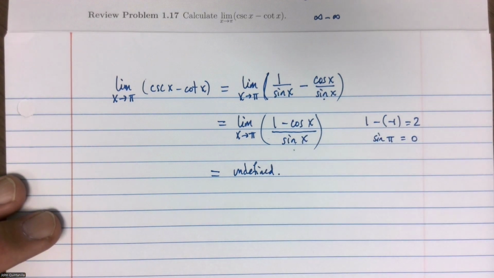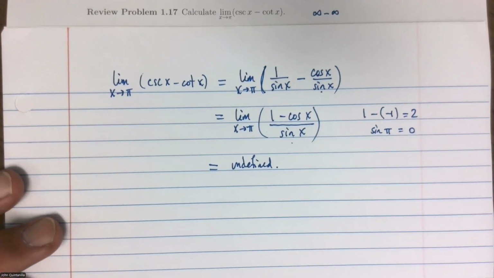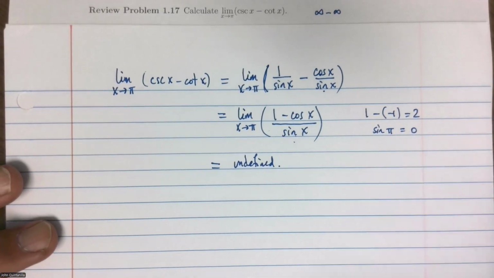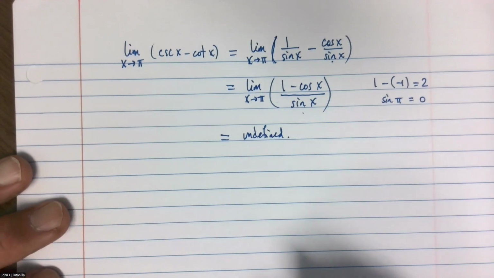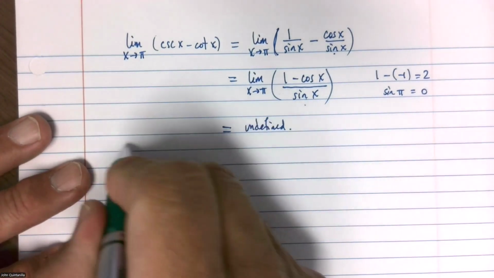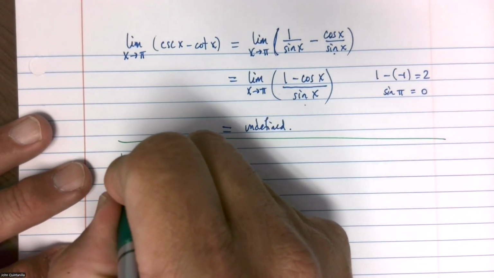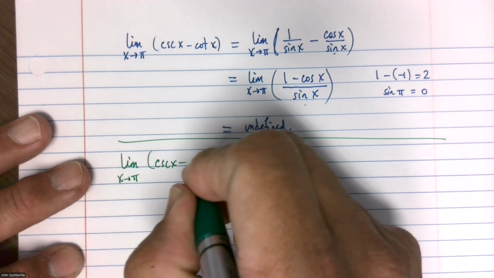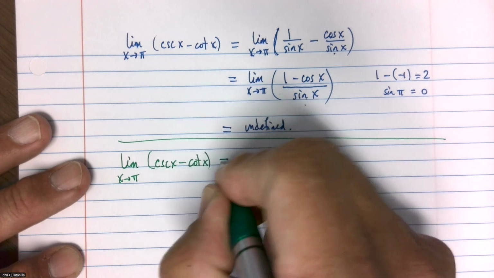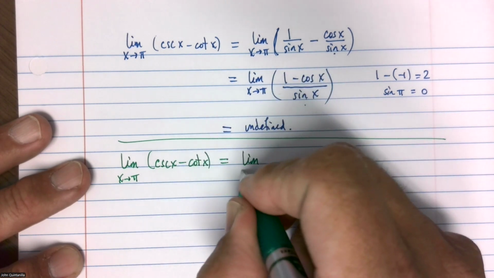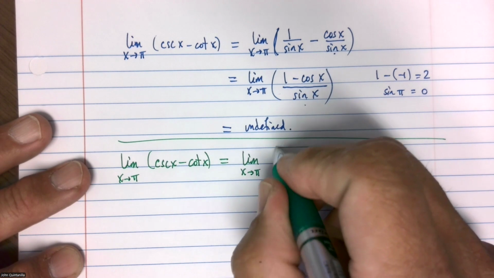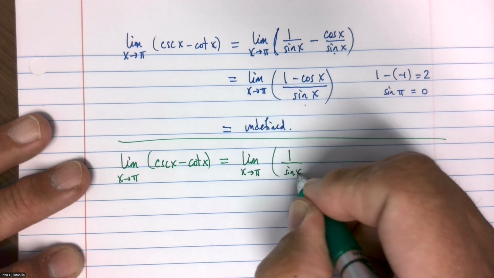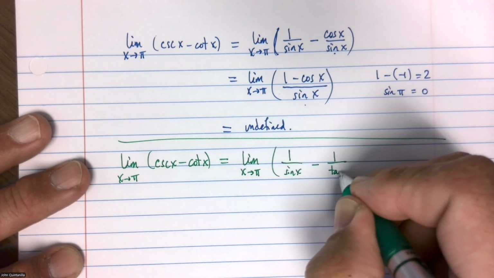That's undefined. All right, now for the sake of argument, let's see what happens if I had used a different identity instead of the one that we just used. So starting the problem over, limit as x goes to pi of cosecant of x minus cotangent of x is equal to the limit as x goes to pi of 1 over sine x minus 1 over tangent of x.